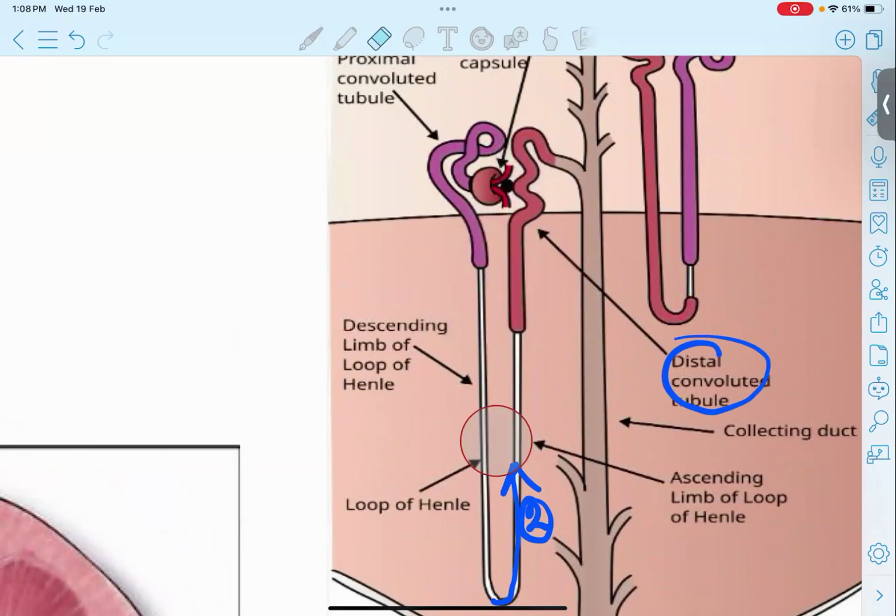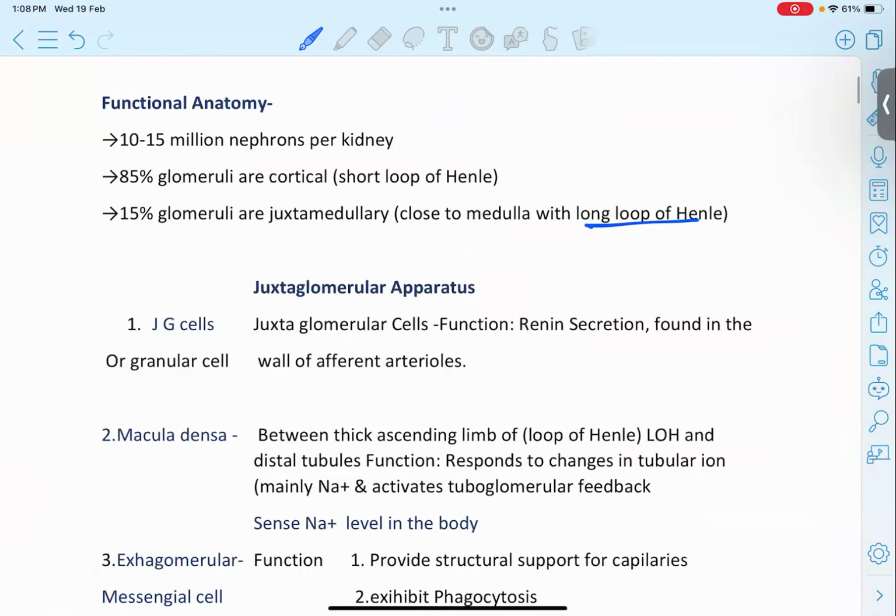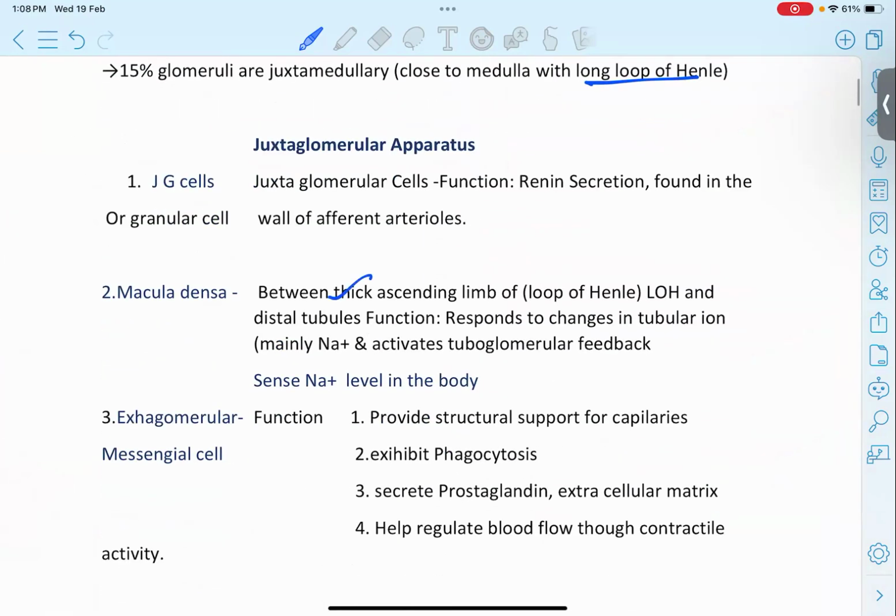Okay. So the site of the macula densa will be right here, which is the junction between the thick ascending limb of the loop of Henle and the distal tubule. The function of this type of cell is to respond to changes in tubular ions, mainly sodium, and it activates the tubuloglomerular feedback mechanism.